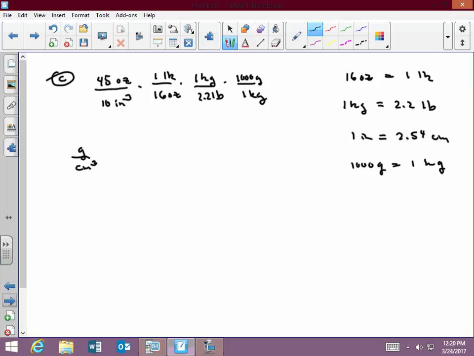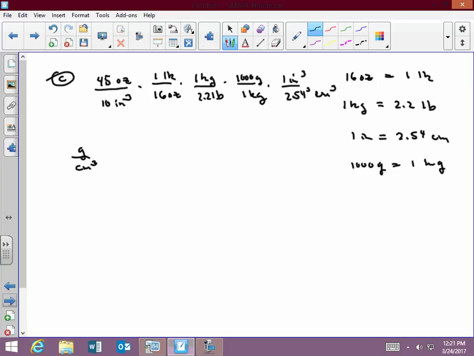So now the numerator's in grams. And then we got to get the denominator into centimeters, and we got the inch conversion. So that's going to be 1 inch cubed is 2.54 cubed centimeters cubed. So if we do that, we should get it.